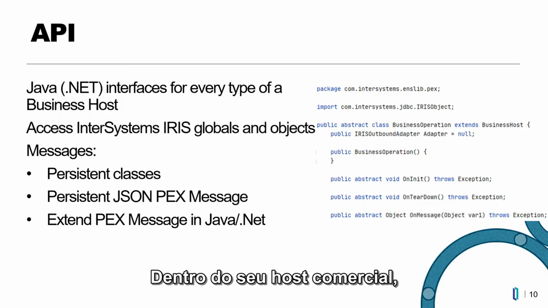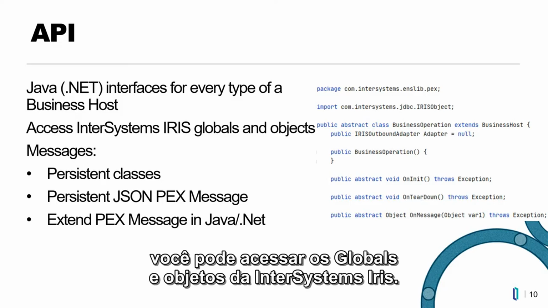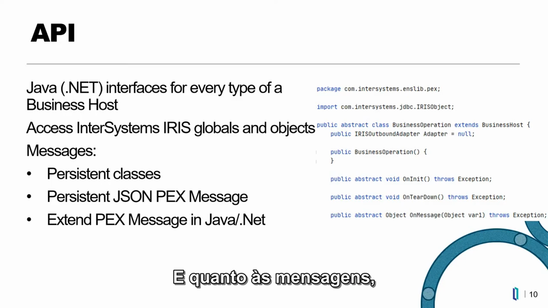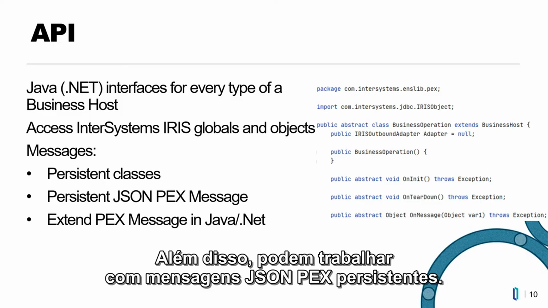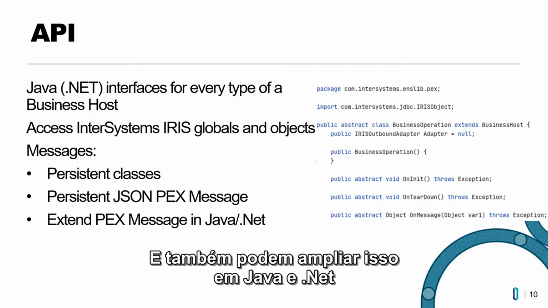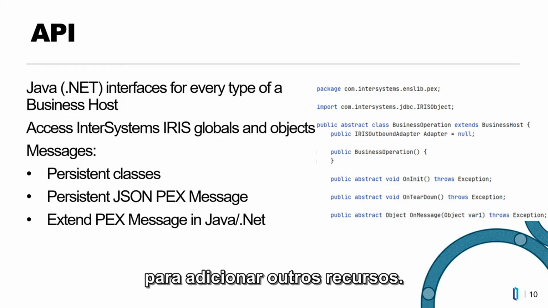Inside your business host, you can access InterSystems IRIS globals and objects. As for messages, PEX hosts receive and return usual persistent messages. Additionally, they can work with a special persistent JSON PEX message, and they can also extend it in Java and .NET to add additional functionality.